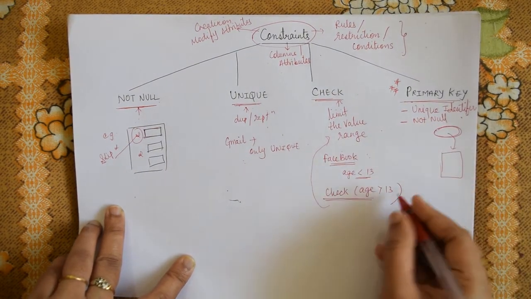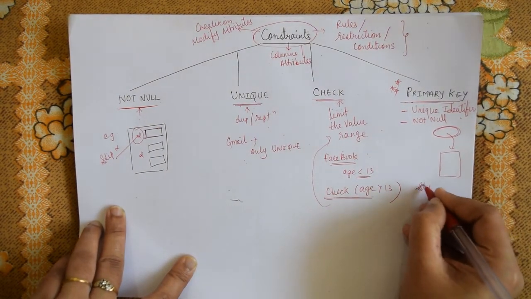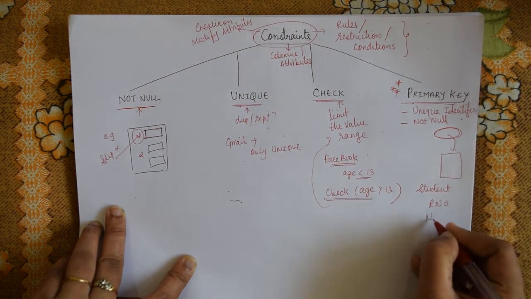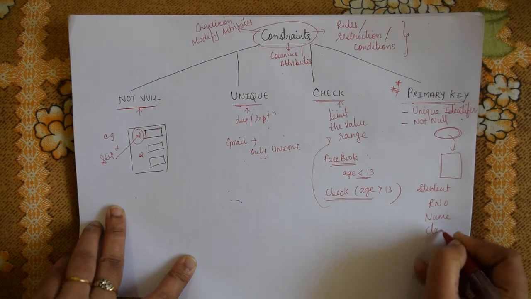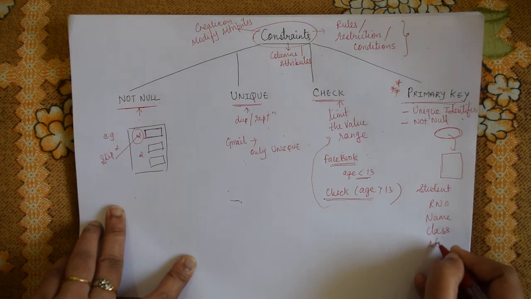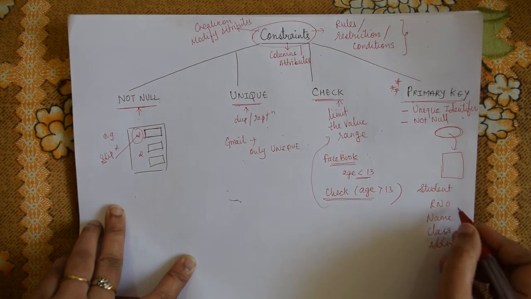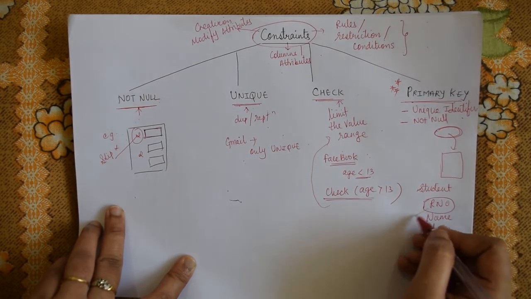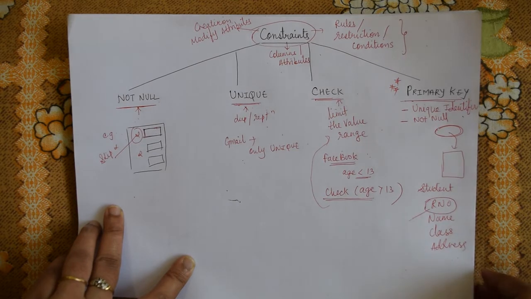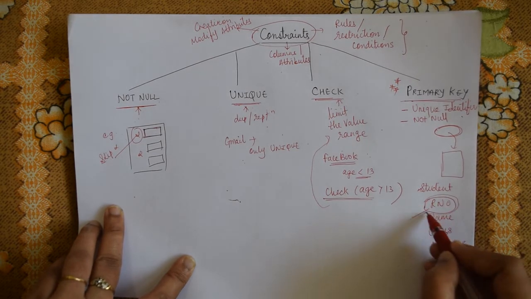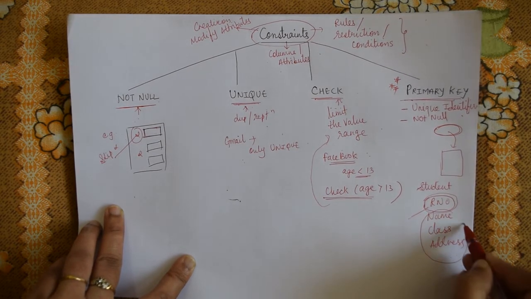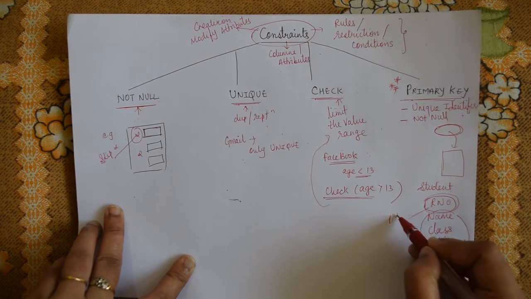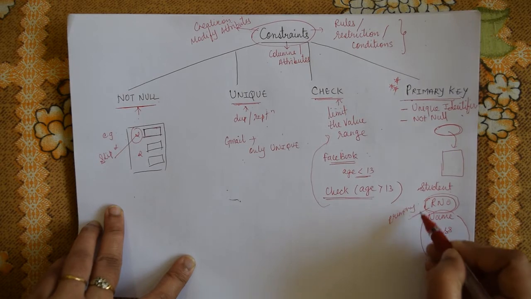For example, I have student information like roll number, name, class, address. From this information, roll number is unique, as no two students can have the same roll number, right? And with the help of roll number, I can get all other information of the student. So I can say that roll number is my primary key, correct?